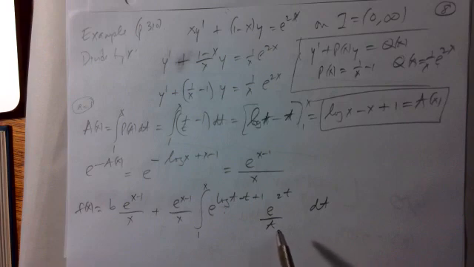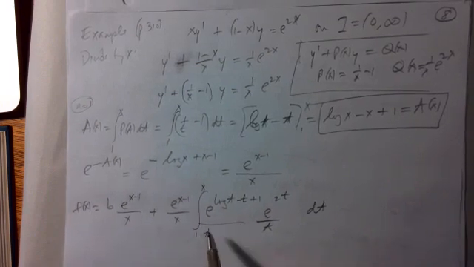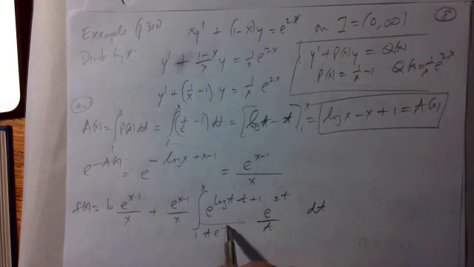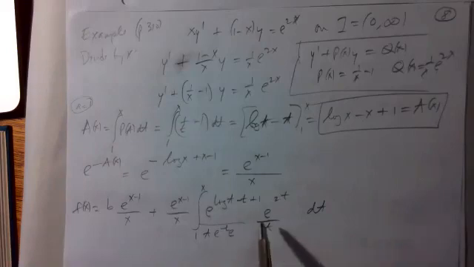So let's just double check everything. This is the same as t times e to the minus t plus 1, times e to the 2t over t. This t would cancel this t, and e to the 2t times e to the minus t is e to the t, and I have an e.